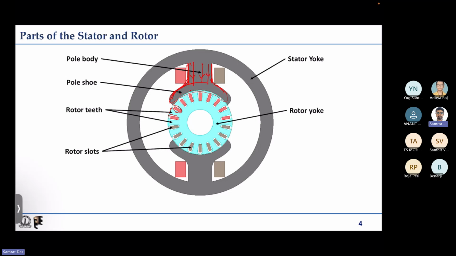Say they are going downwards, so they will have to complete their path, and for that they will have to flow through the outer body, that is called the yoke portion. Yoke helps the magnetic flux to close its path. So on both sides you have the stator yoke through which the flux lines complete their path, like this.